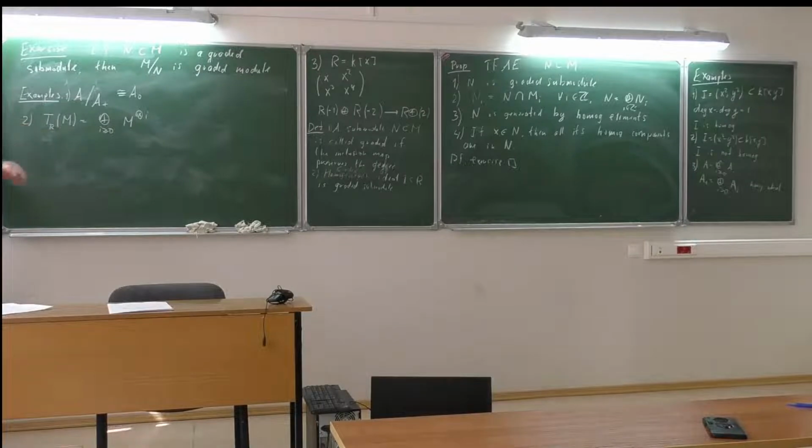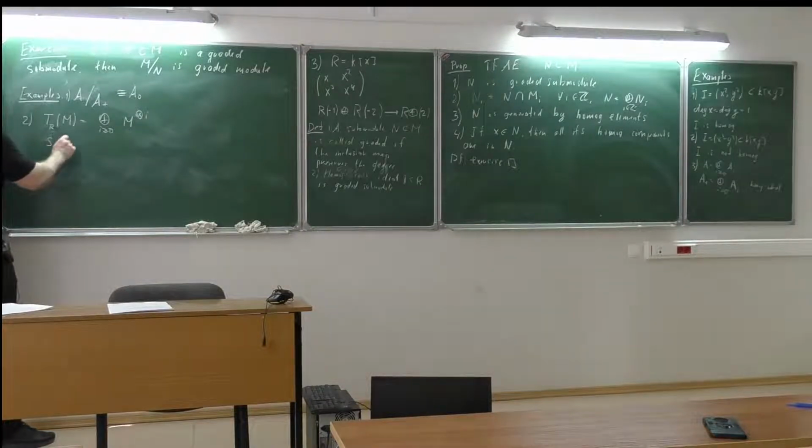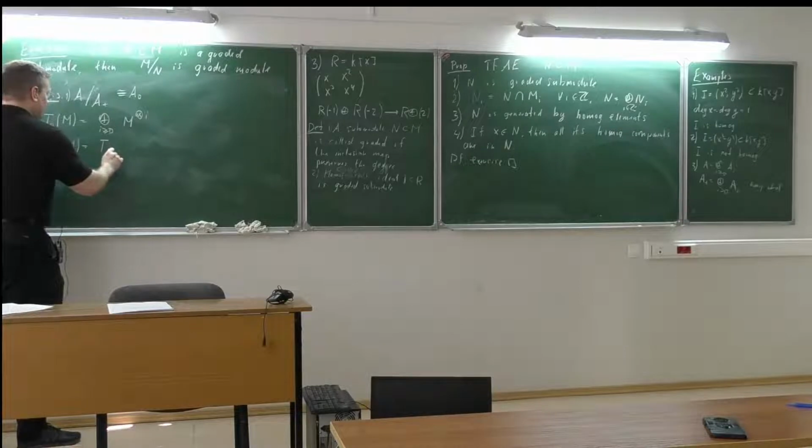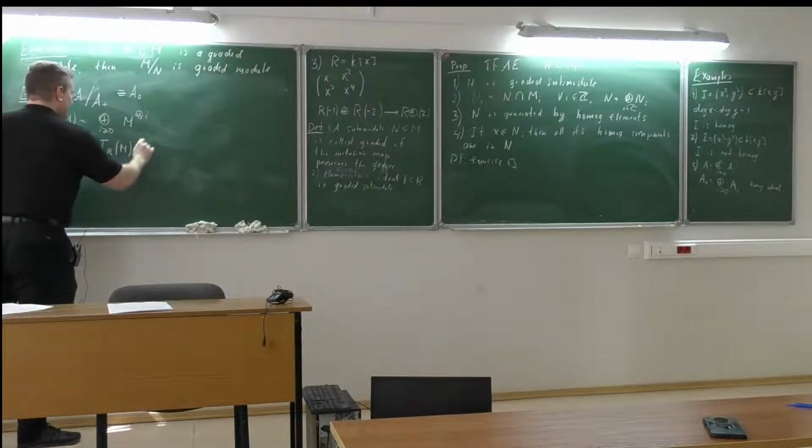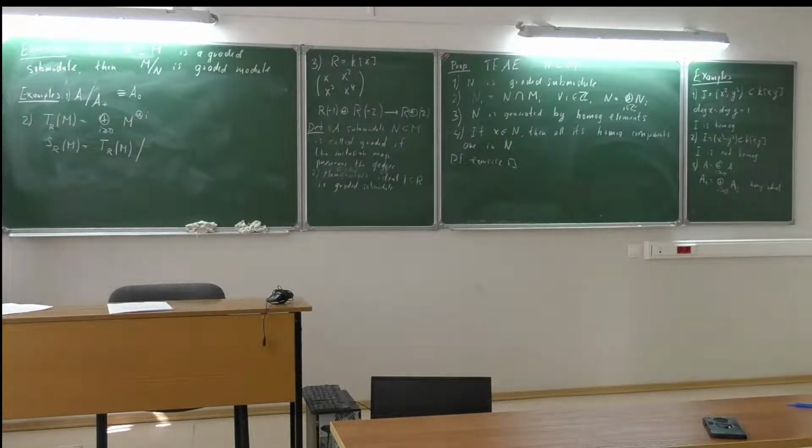Then from this tensor algebra, you can produce at least two other graded algebras. You can produce the symmetric algebra of a module, which is the quotient of the tensor algebra of a module modulo some relations.